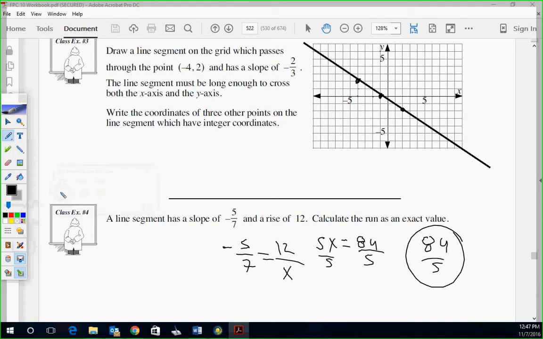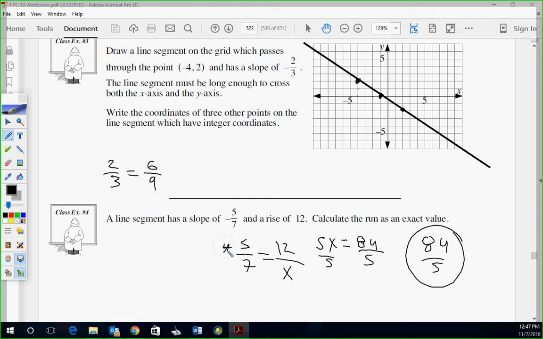All right, so what we did is, like the problem we did earlier, 2/3 is the same thing as 6/9 for slope. They're equivalent fractions. We want to figure out, if our slope is -5/7, how far over do I have to go if I'm going to go up 12? So we cross multiplied.